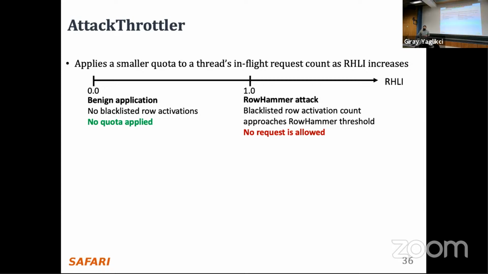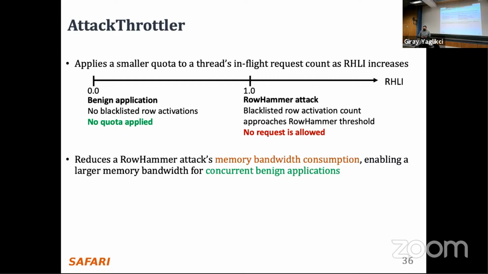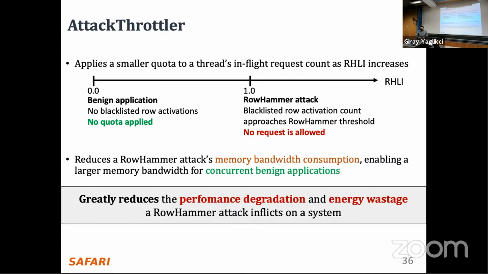Basically, we just stop the thread. By doing so, BlockHammer's AttackThrottler reduces a RowHammer attack's memory bandwidth consumption, and this enables a larger memory bandwidth for concurrently running benign applications. By doing so, it greatly reduces the performance degradation and energy wastage a RowHammer attack inflicts on a system.